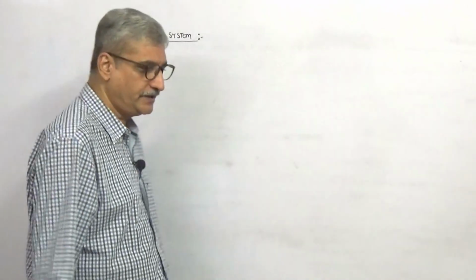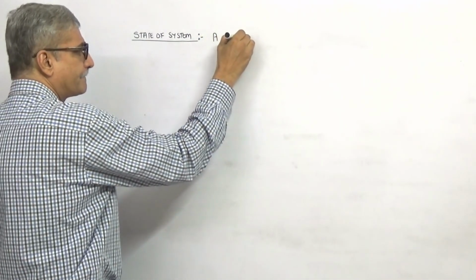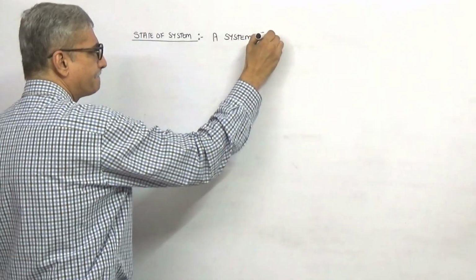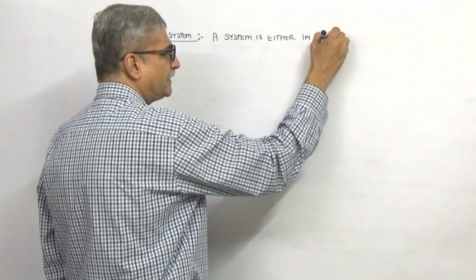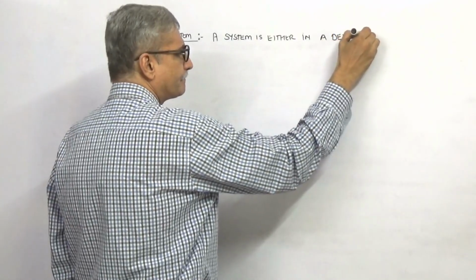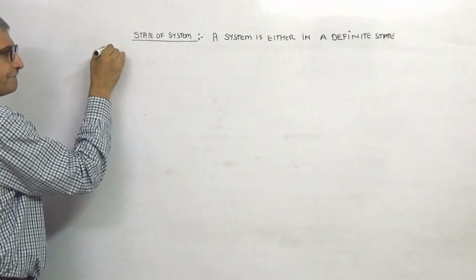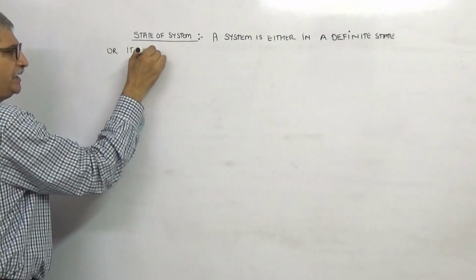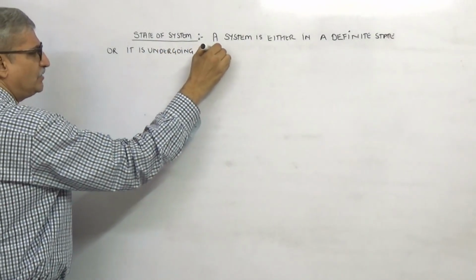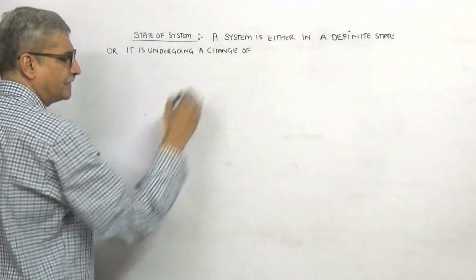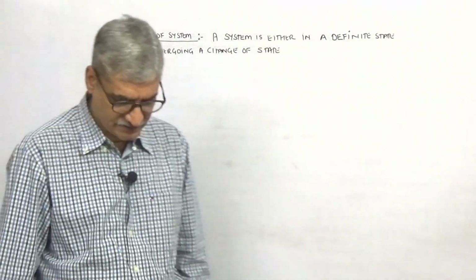We say a system is either in a definite state, or it is undergoing a change of state. There are two possibilities.